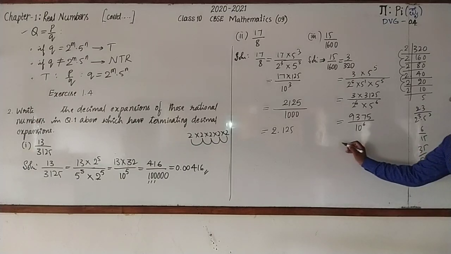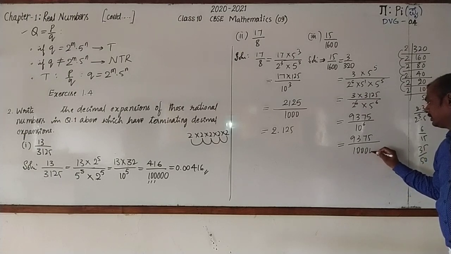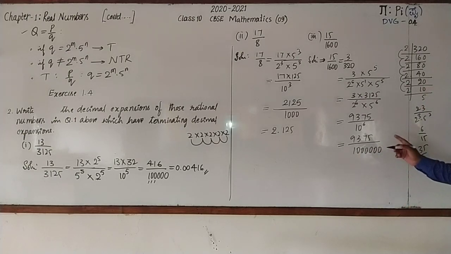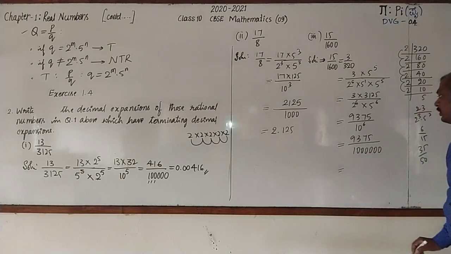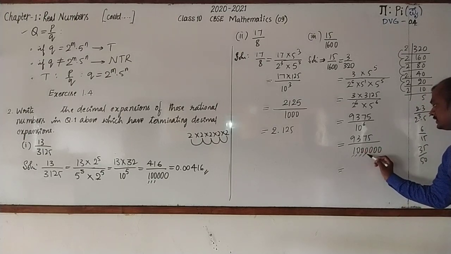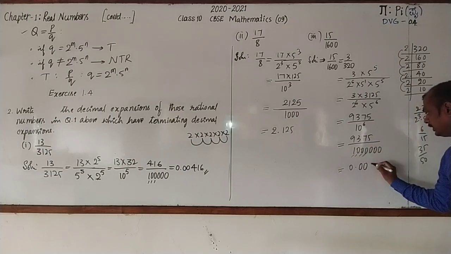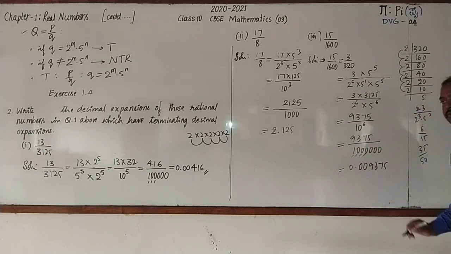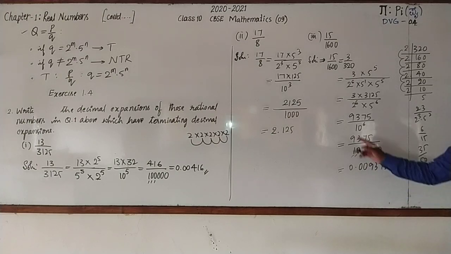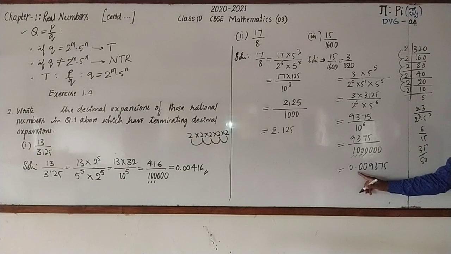Then 10 raised to the power 6 can be written as 1 followed by 6 zeros. See, 4 digits are there. Now 0.00, then the remaining 9375. Understood? So the decimal expansion of 15 by 1600 is 0.009375.